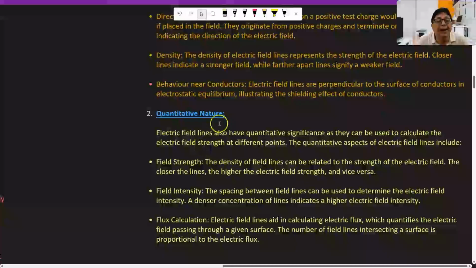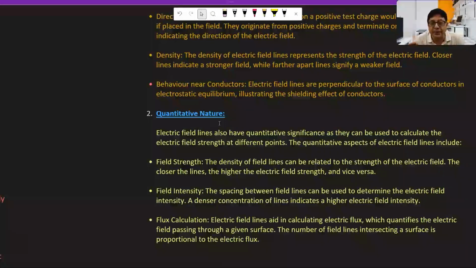Let us know the quantitative nature, which we are going to discuss today mainly. Electric field lines have quantitative significance as they can be used to calculate the electric field strength at different points. What is the quantitative aspect of electric field? This will mention field strength, the density of field lines directly related to the strength of the electric field.